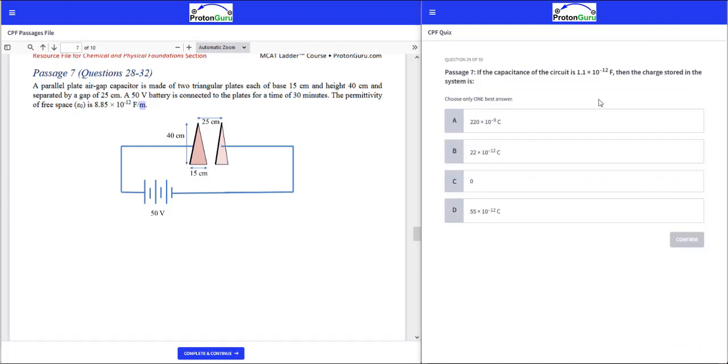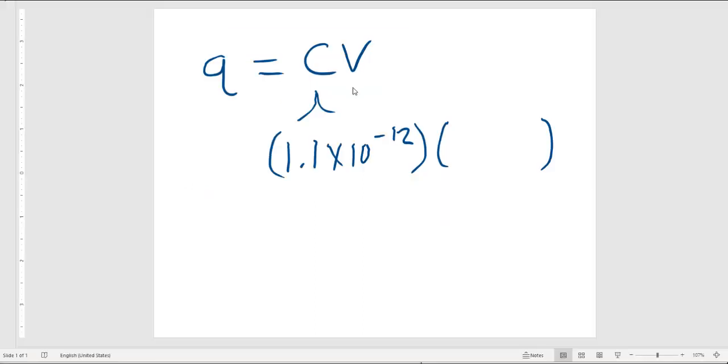The second question associated with this circuit is: if the capacitance of the circuit is 1.1 times 10 to the minus 12th farad, then the charge stored in the system is which of the following? So we need to relate capacitance C to charge Q. The relationship we need is that charge is capacitance times voltage.